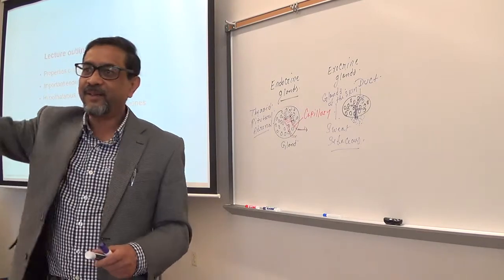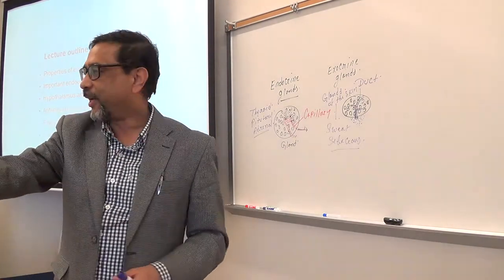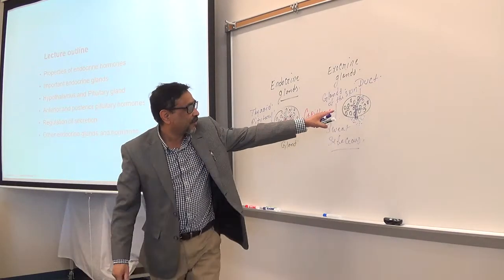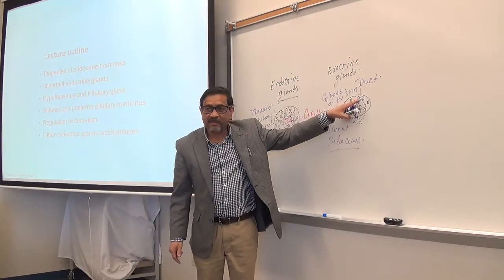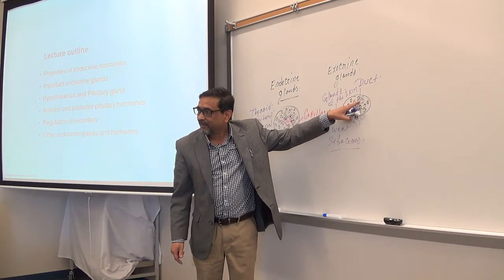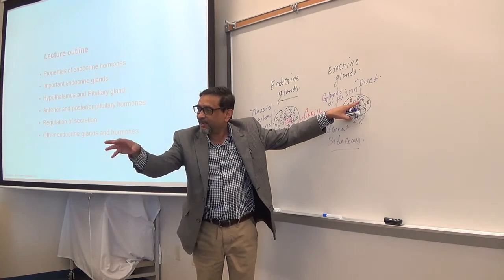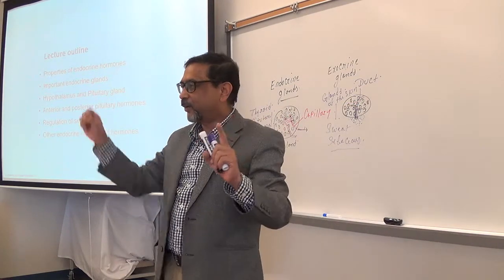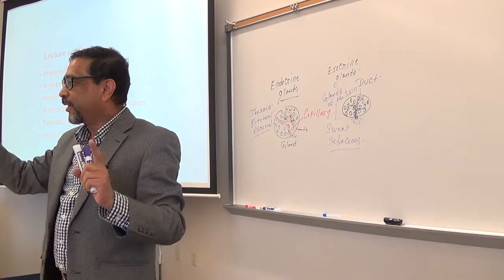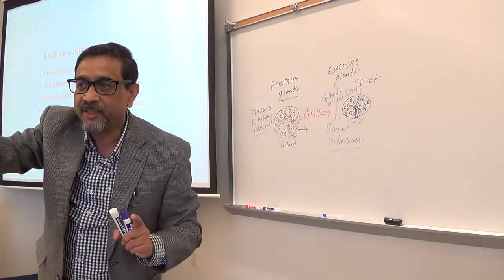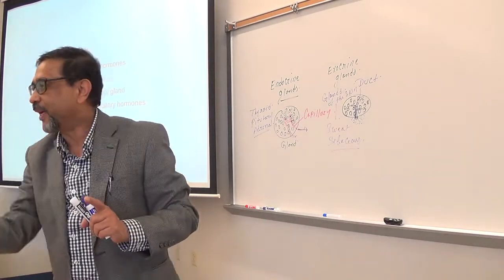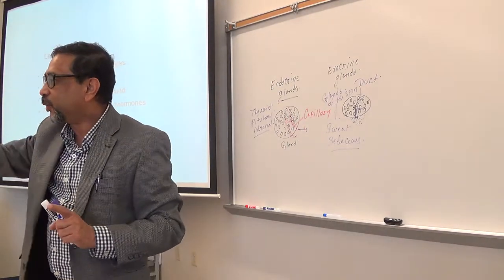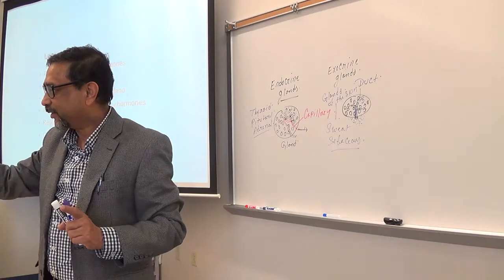Then from there they enter into the capillary blood. Make sense? So that is number one. In case of exocrine, the chemicals are directly secreted into the duct. Is it clear? So that is number one. How they are secreted, right? In case of endocrine, first into the interstitial fluid in between the cells. From there they enter into the capillary blood. Okay. In case of exocrine, directly into the duct, tubes.